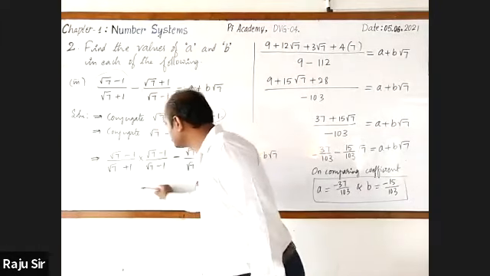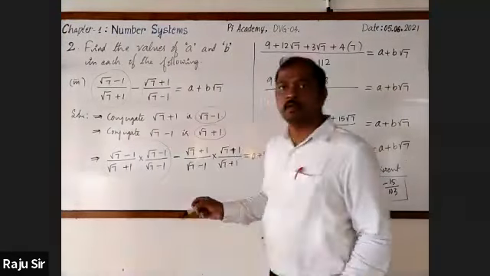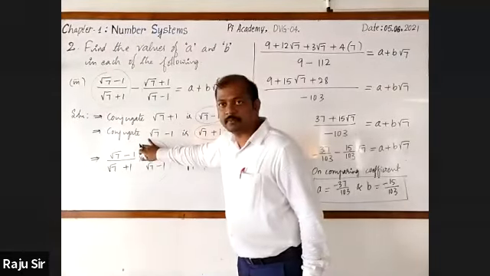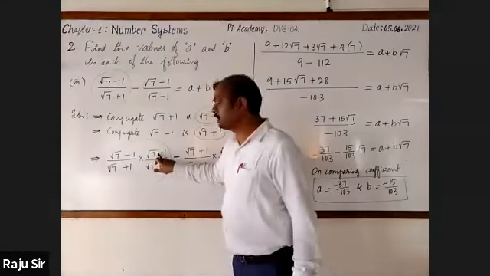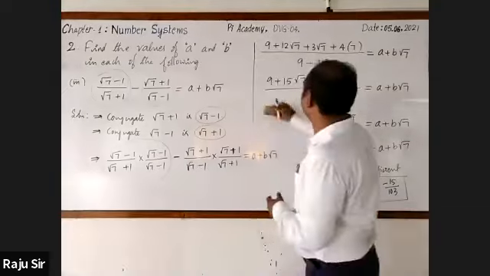Observe this, only this first part. Here root 7 minus 1, root 7 minus 1 can be written as A minus B whole square. Very good.